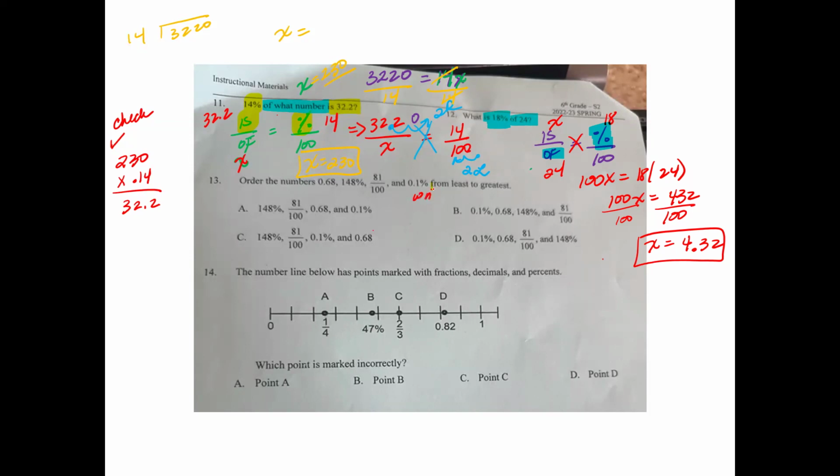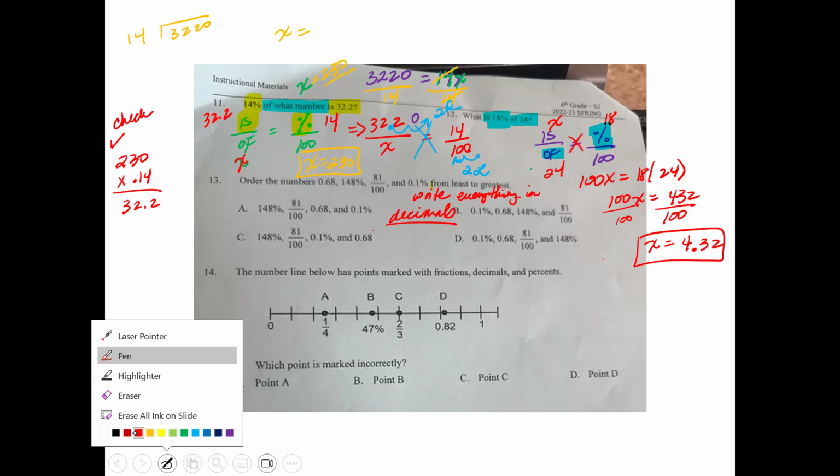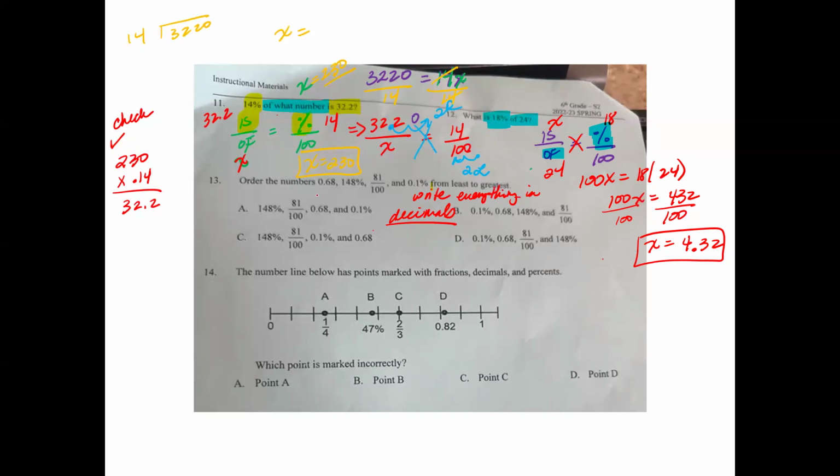Okay, you're gonna write everything in what style? No, everything in, is it decimals, percent, or fractions? Decimals. That's how you tell if something's big or small. Do you understand? Okay. First thing, 0.68 is just 0.68. That's already in decimals, right?